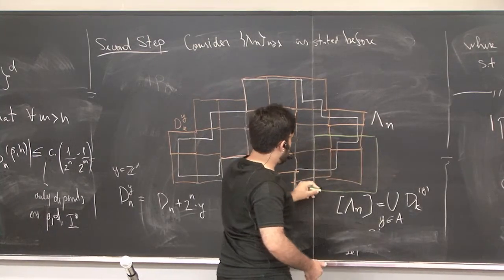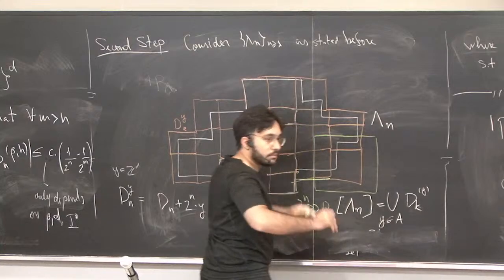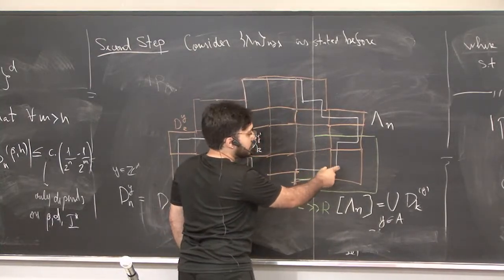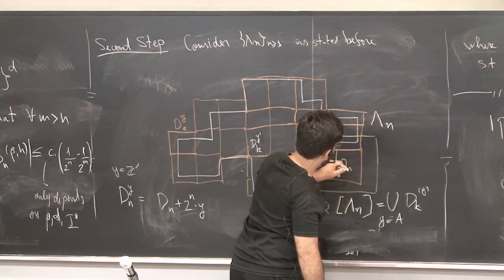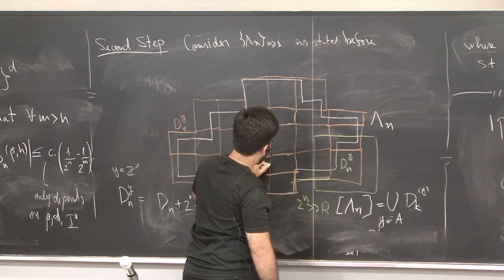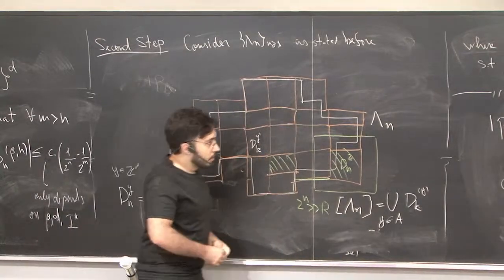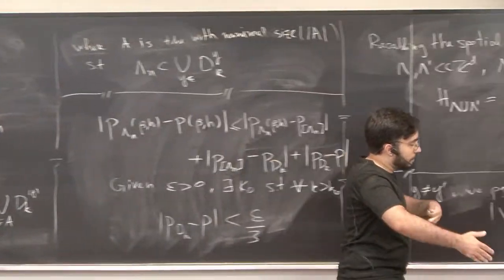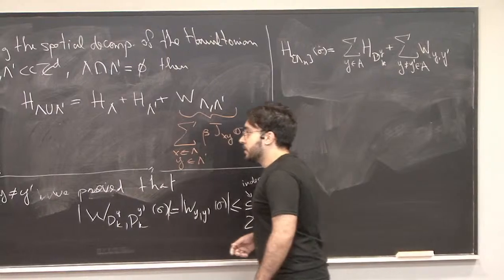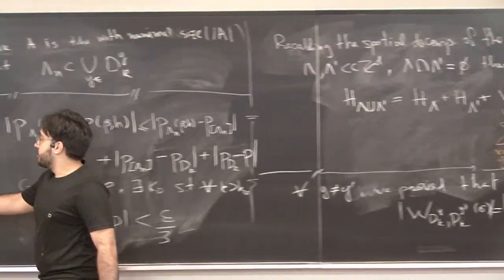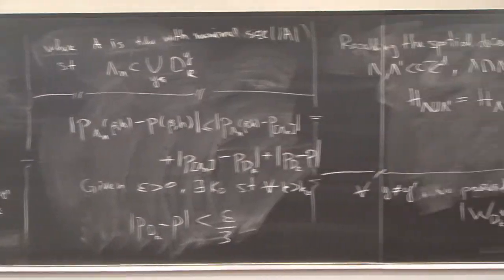So the size 2 to the n is much larger than r. There is no interaction term between this cube, let's say z, and this cube right here. They don't interact, meaning that they are much farther apart. So this will be 0 every time they are very distant.